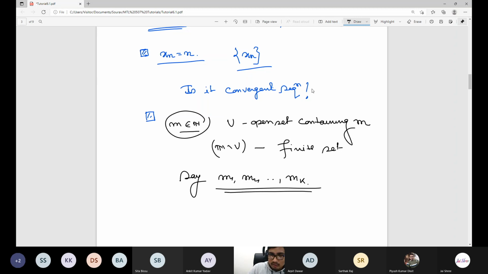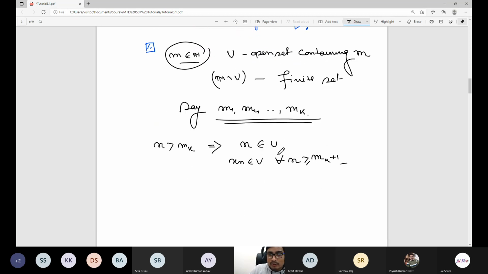Now if you consider n greater than mk, then n belongs to U. That is, x_n belongs to U for all n greater than or equal to mk plus 1. This is the definition of convergence.